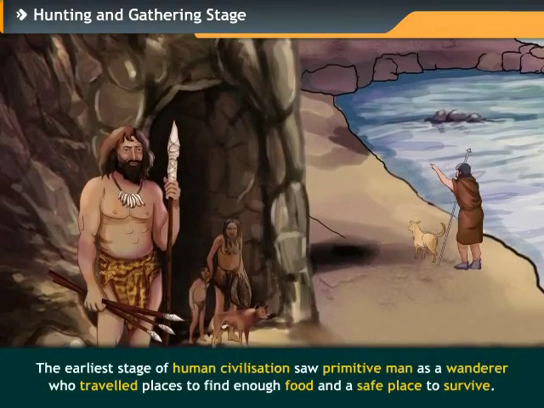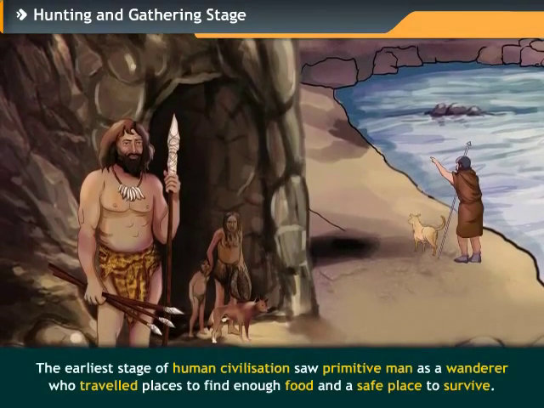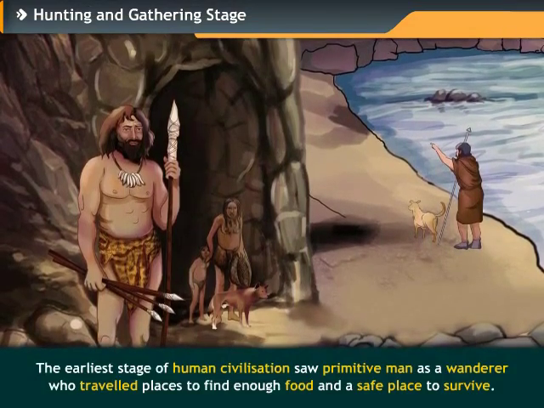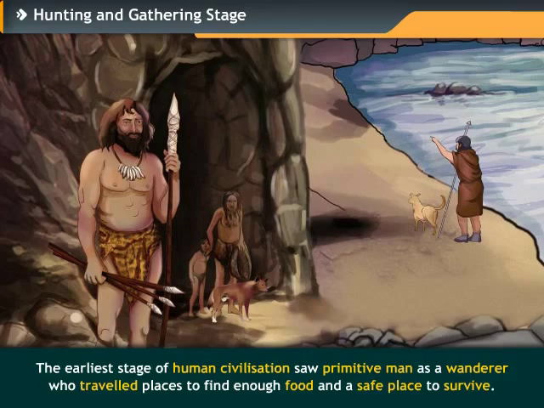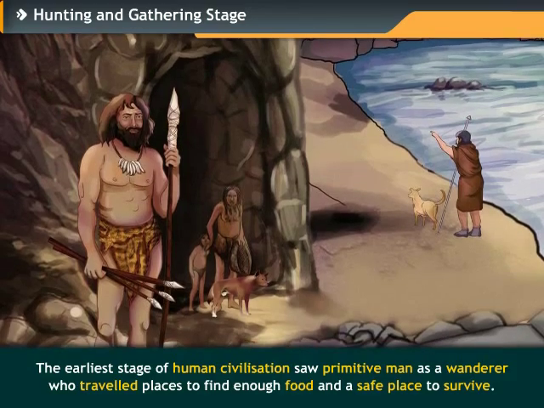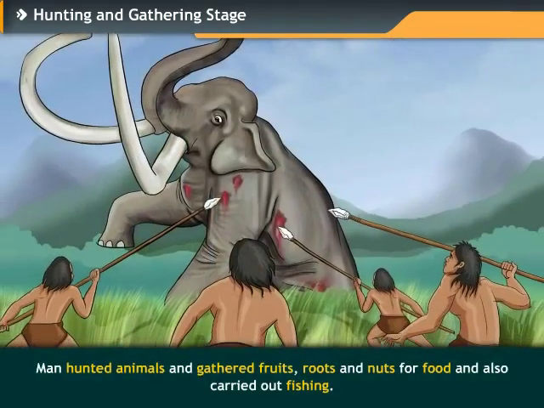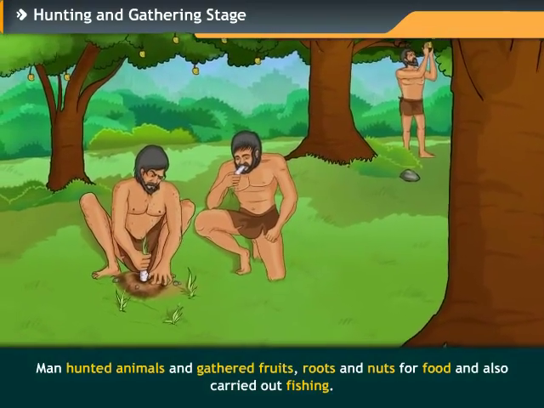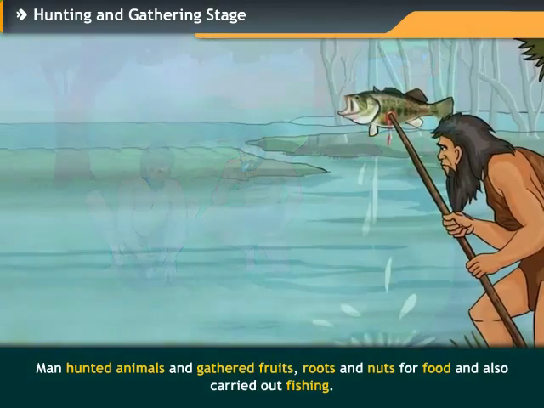The earliest stage of human civilization saw primitive man as a wanderer who traveled places to find enough food and a safe place to survive. Man hunted animals and gathered fruits, roots, and nuts for food, and also carried out fishing.